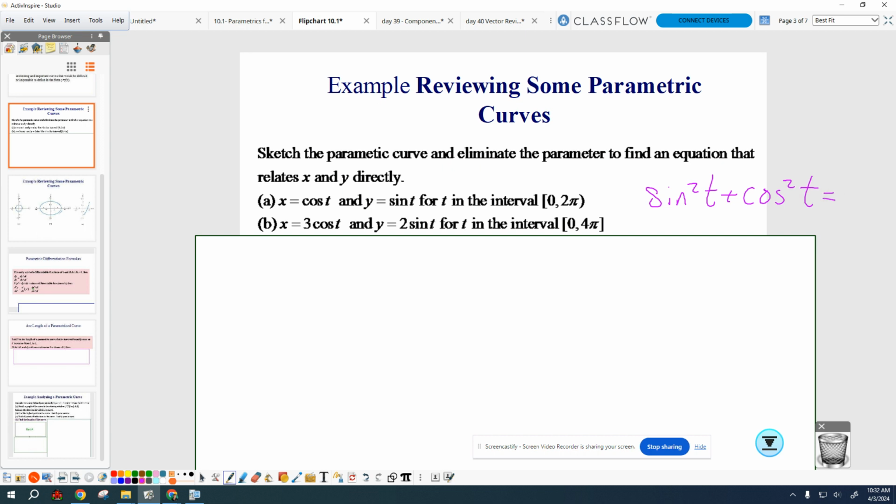Sine squared of anything plus cosine squared of that same anything. I would say one. Yeah. Okay. So here's the trick. I'm going to square this equation. I'm allowed to do that, right? If I say x equals 2, doesn't x squared equal 4? Like, that's still true. And I'm going to square this one.